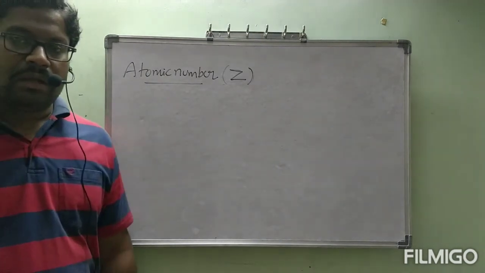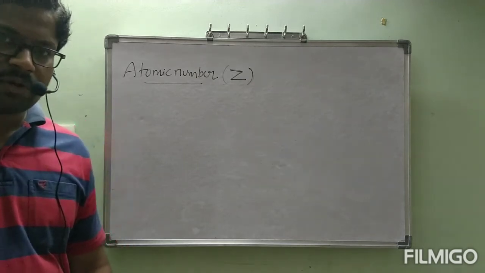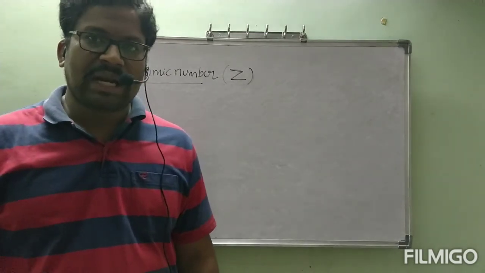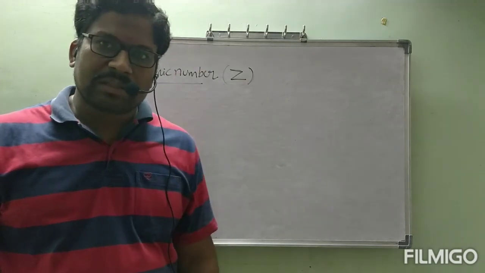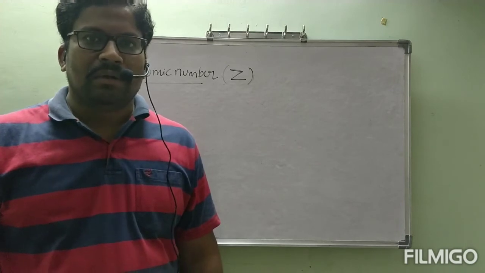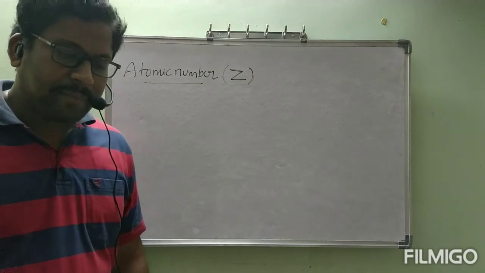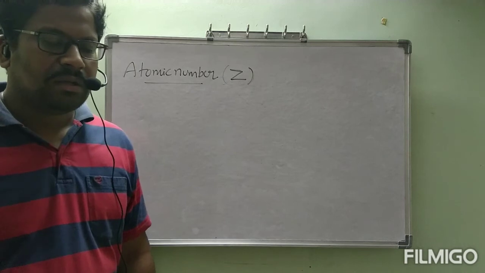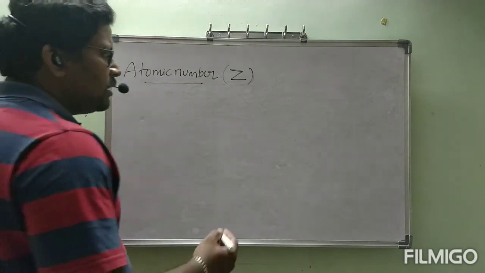Number of protons or number of electrons present in the neutral atom is called atomic number. Once again, what is the definition? Number of electrons or number of protons present in the neutral atom is called atomic number.